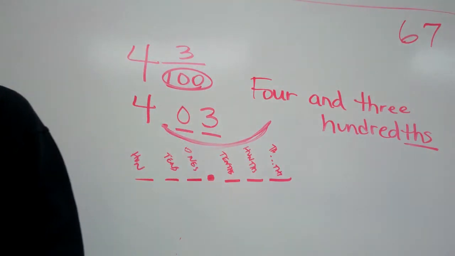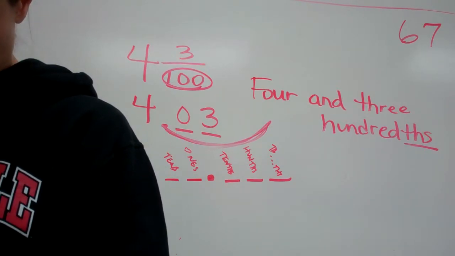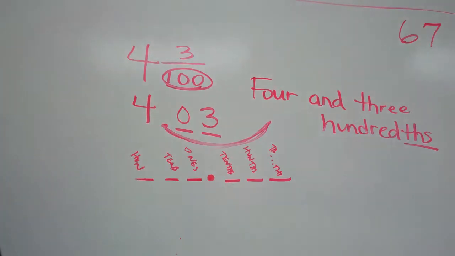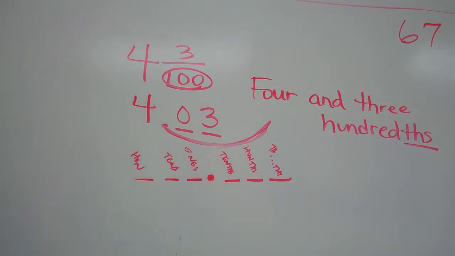All right, listen to this one. 4 and 9/10. Write it as a fraction and as a decimal number. 4 and 9/10.